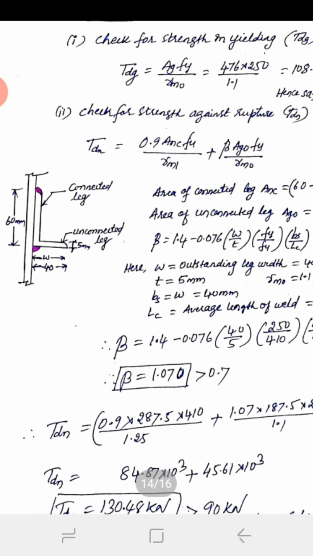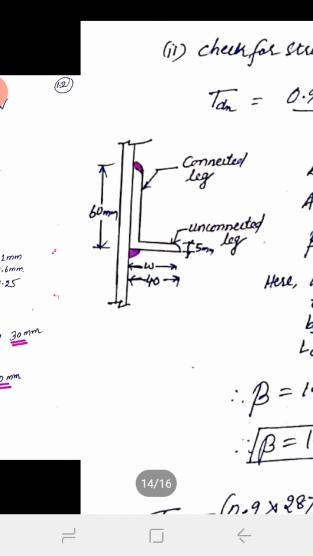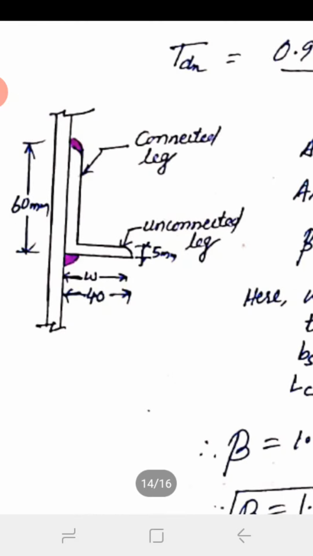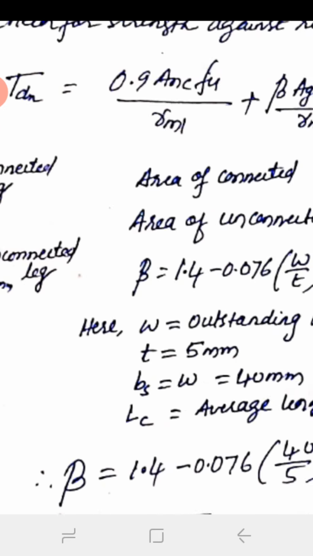Here I have shown a figure, please look at it. I have written connected leg and unconnected leg here. How to calculate the connected leg area and the unconnected leg area, I explained in my earlier lecture. So please refer to that lecture and calculate the area here.